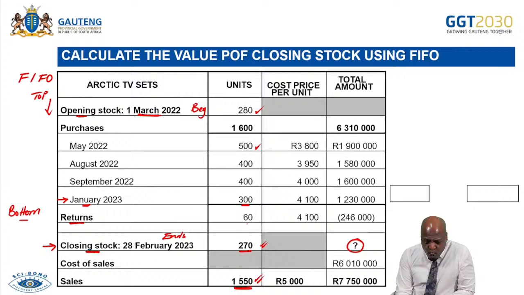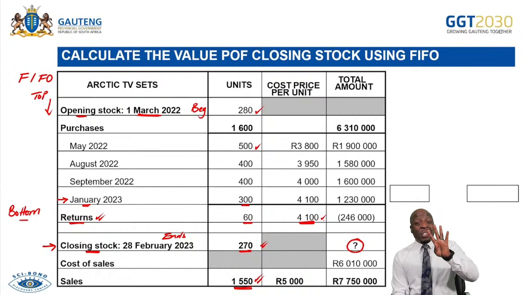We have 60 units that were returned, but they did not tell us from which month. But they gave us a clue: the cost price, 4,100.